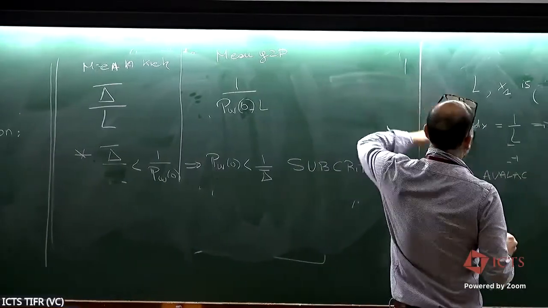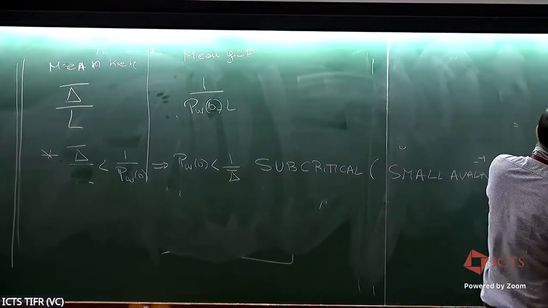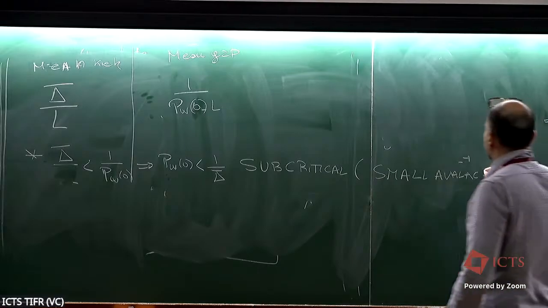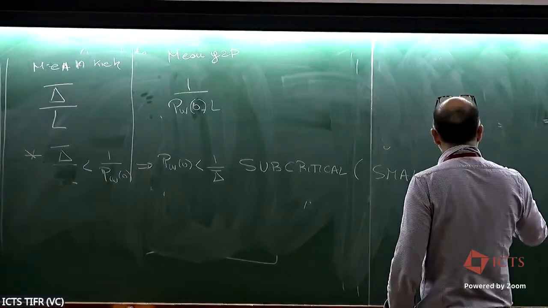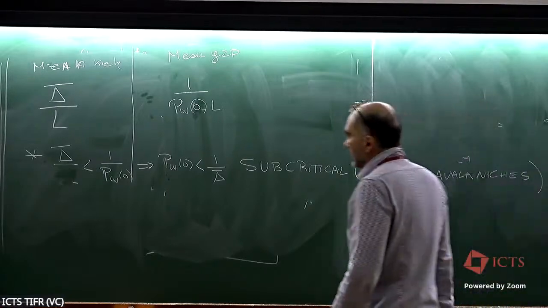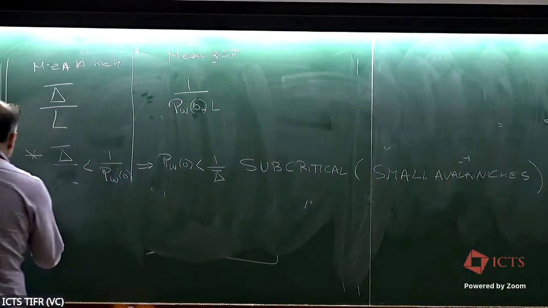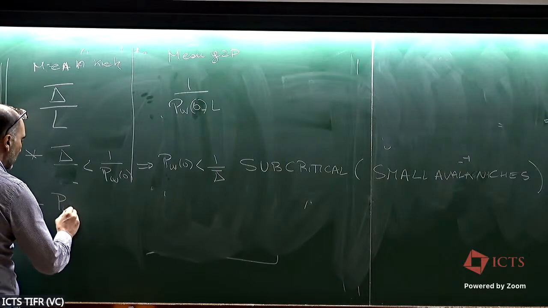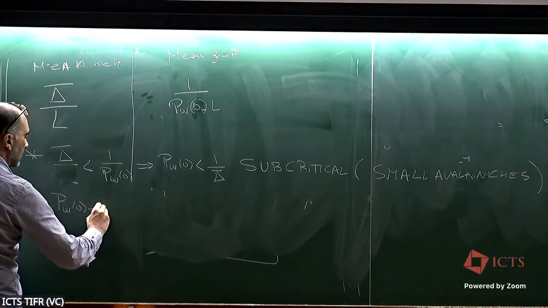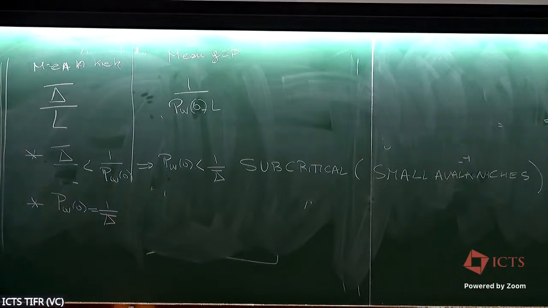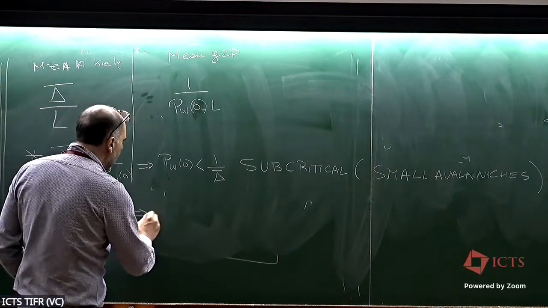Let me erase all of these. Then there is the critical case, where we have the explosion. So when PW0 is 1 over delta bar, which corresponds to K0 equal to 0, then you are critical.